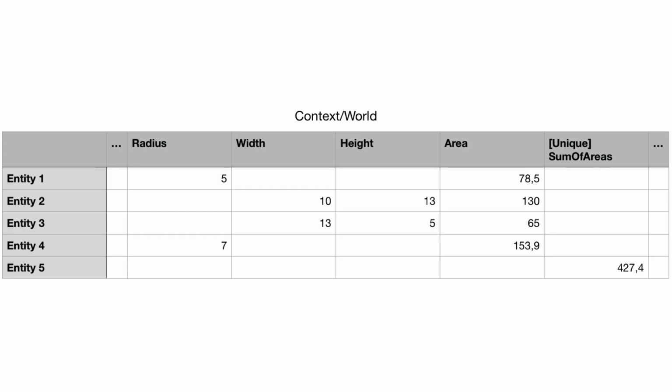So basically we can have a much bigger table with lots of different components. And then for certain systems, we are only interested in certain types of properties. And as well, it would be easy to say entity 2 now has width and height, so it's a rectangle. I could just remove these components, add a radius to it, and now it's a circle.